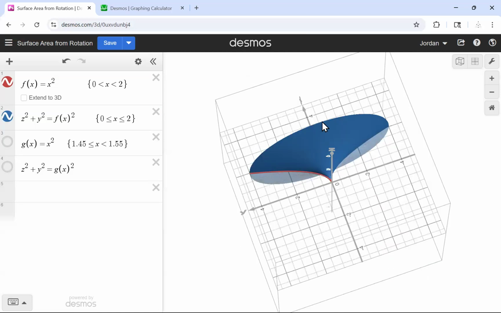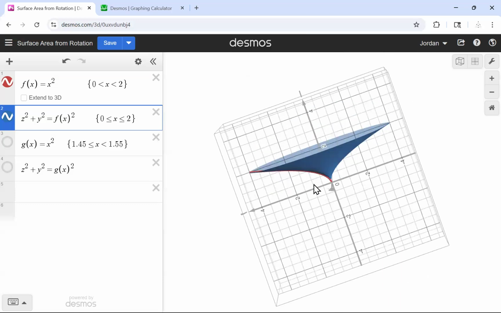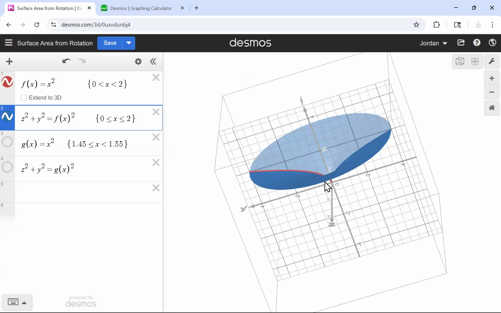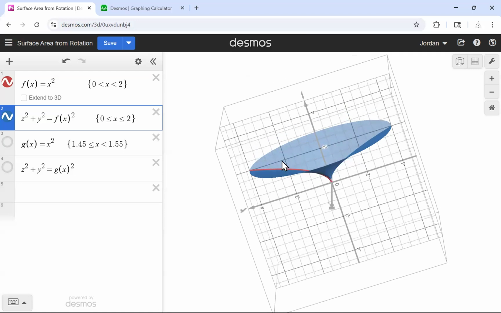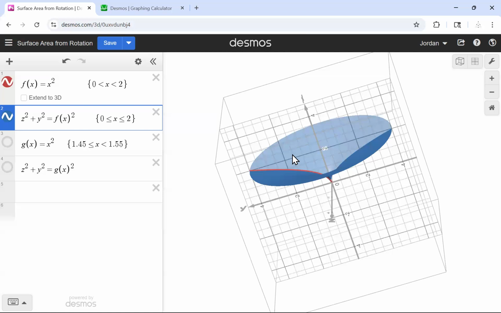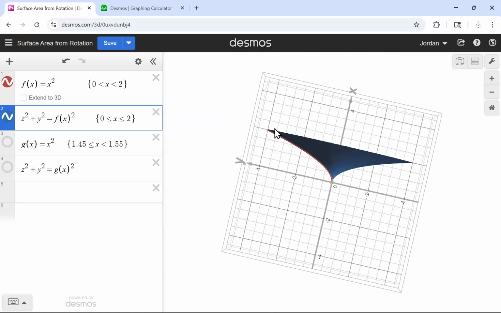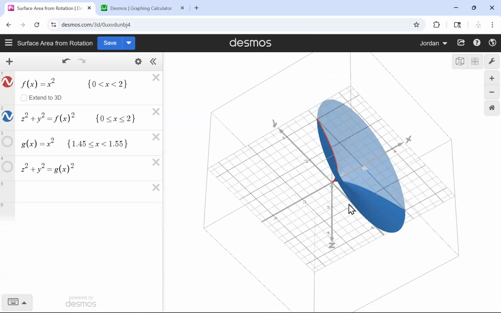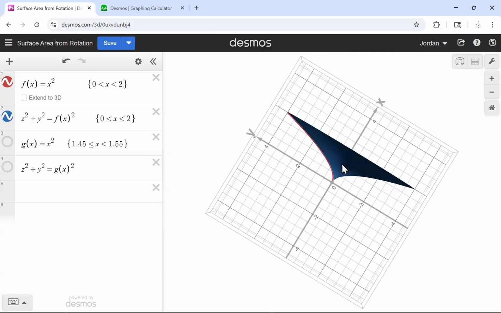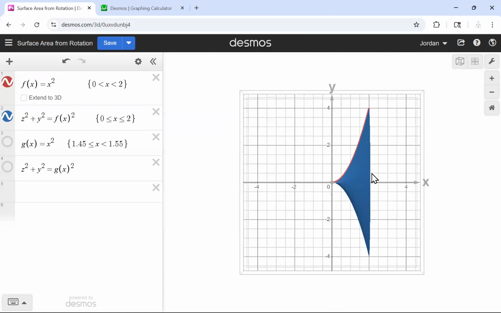Now, when we look at this, we're going to find the surface area. And because the curve has essentially no width, the surface area on one side is going to be the same as the surface area on the other. And so those two surface areas will be equal. We're not going to be finding both the inside and the outside surface area. We're just going to be finding one of those surface areas.